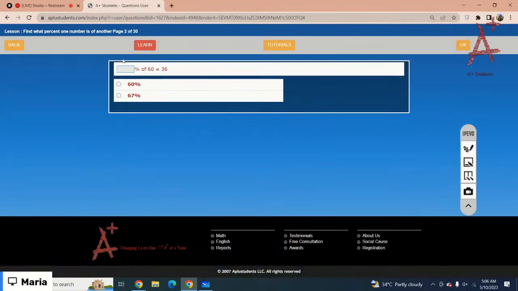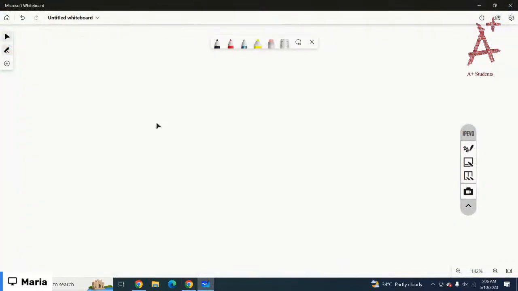Okay, the next one is what percent of 60 is 36? So whole is 60 and part is 36. You need to see what part of 60 is 36.